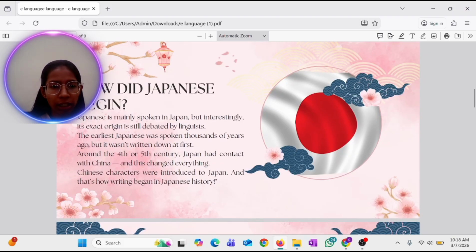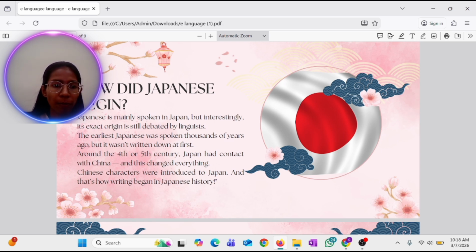Firstly, we will see how Japanese was built. As we know, Japanese is mainly spoken in Japan. But interestingly, its exact origin is still debated.